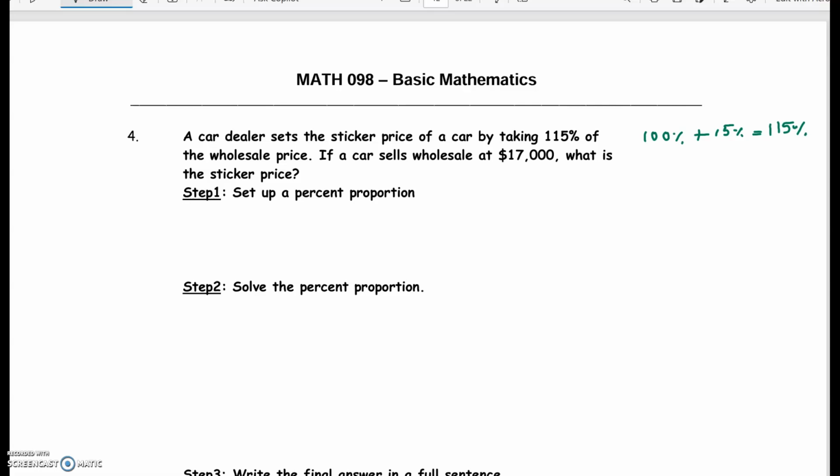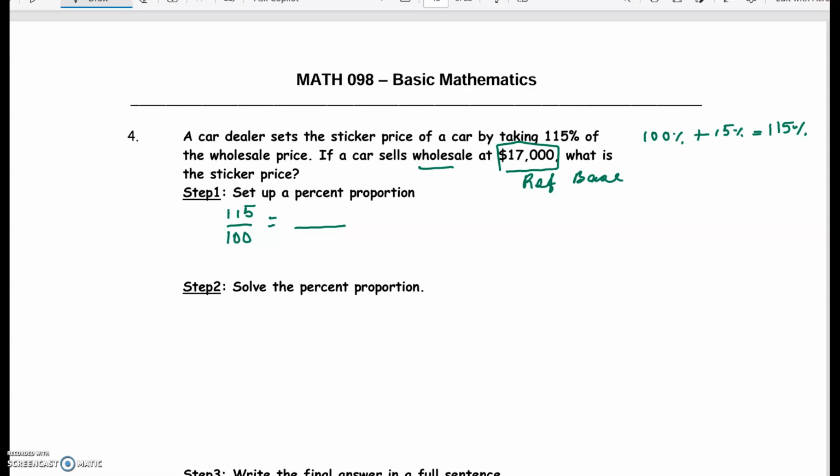Now we set up the percent proportion. So here it's marked up, and up based on which value? The wholesale price of 17,000. That's our reference value or our base value. So let's put the percent on one side, 115 per 100, so that's a percent, equals our base value.